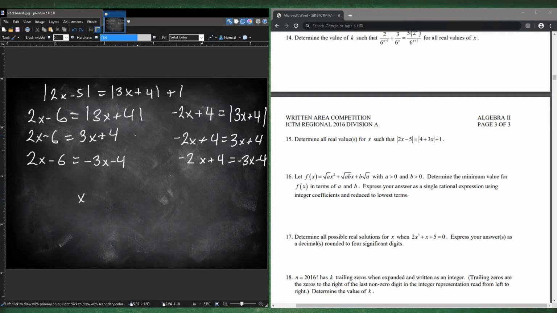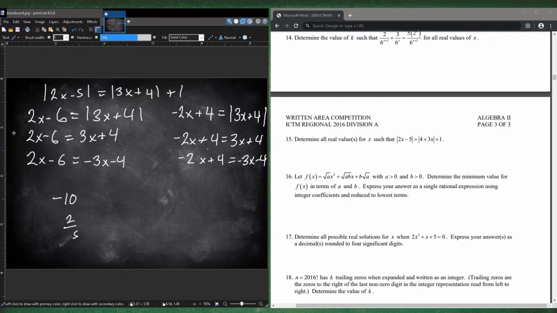For the second one, we add the 3x here, so that's 5x, and add the 6 here, so x is 2 over 5. So we have negative 10 and 2 over 5 as our first two possibilities.